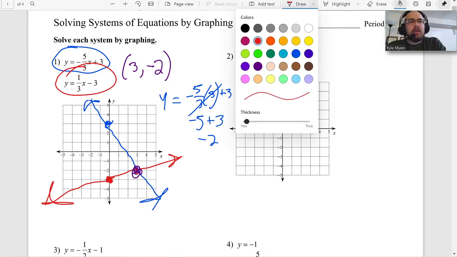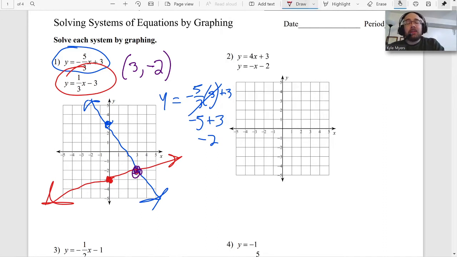Then, when I check the other one, I should get the same thing. It's not good enough to just plug it into one. You can if you only have a little bit of time to check it, but it's not a foolproof way because it might intersect on one and not on the other. So in order to check the other one, we plug it in there too. 1/3 times 3, minus 3.